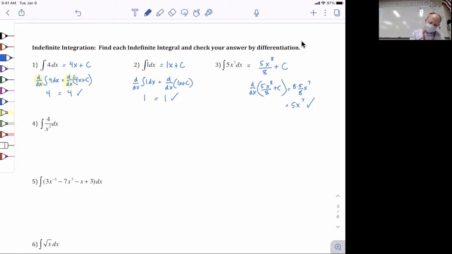And so we're going to rewrite this just like we used to with derivatives as 4 times x to the negative 2. All right, once we do that, we are able to apply our power rule. So we'll keep the 4. We will add 1 to the exponent and divide by that new exponent. And then we have plus c.